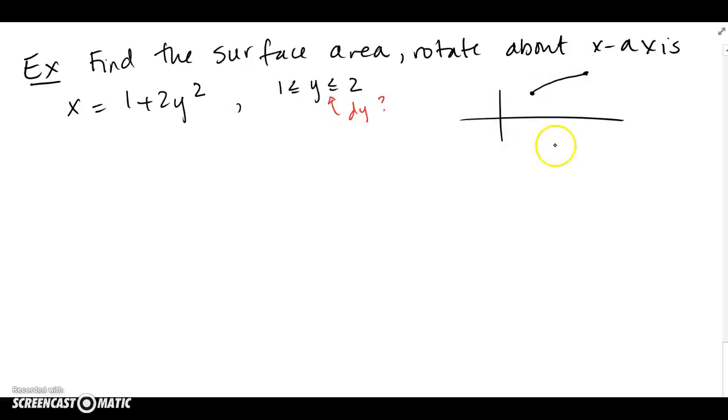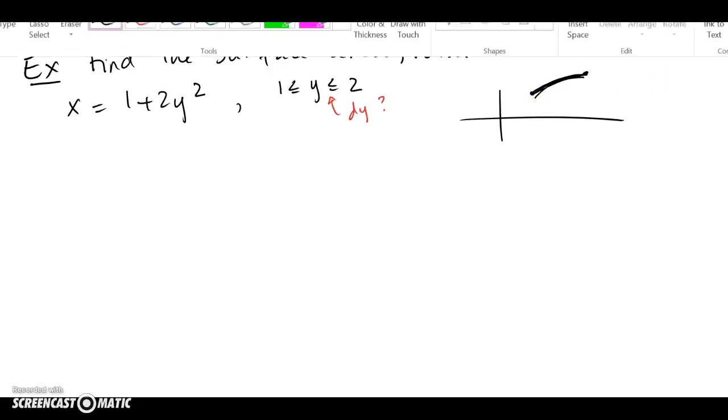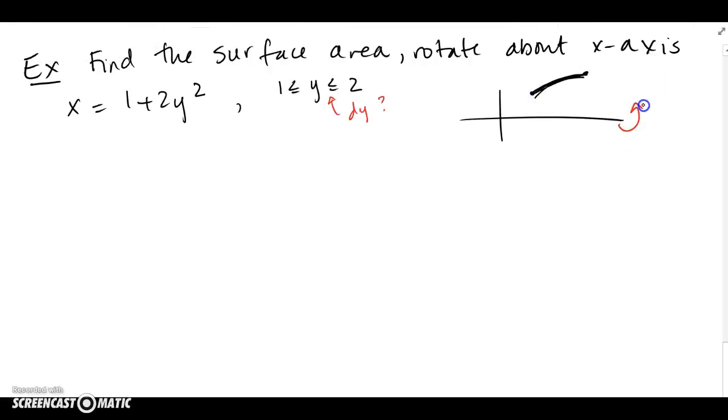So it's a sideways parabola going like this, with the vertex it looks like at 1, 0. But we're only interested in the y values from 1 to 2, so this piece is only what we're looking at, and we're doing, it looks like, an x-axis rotation.